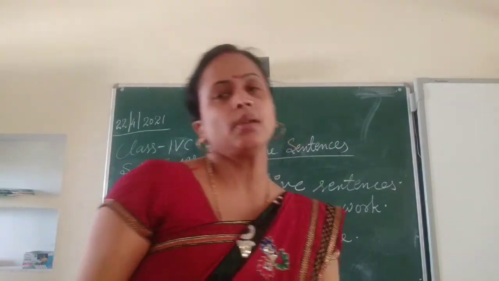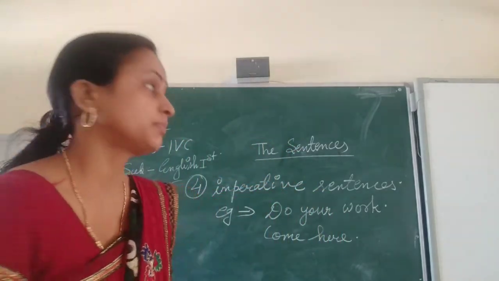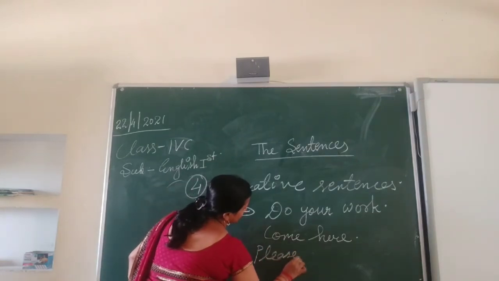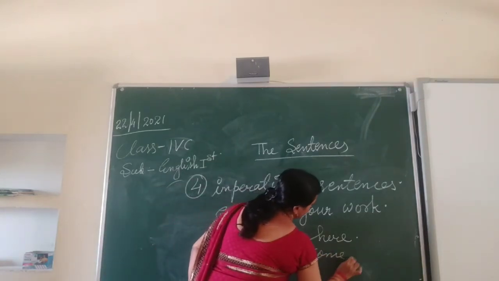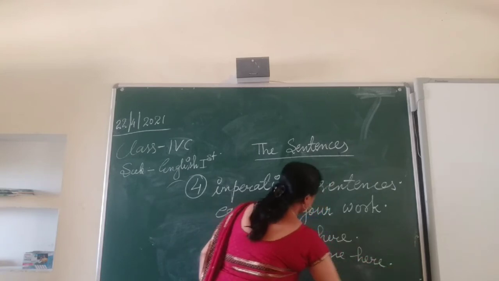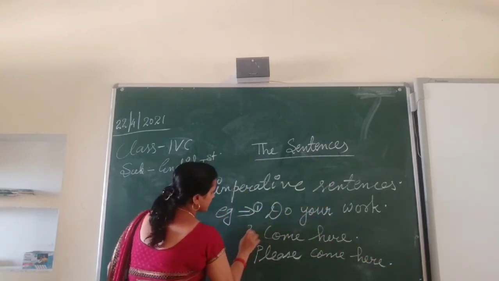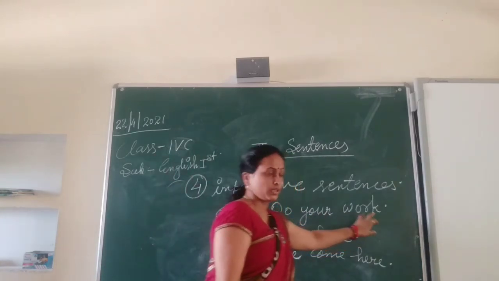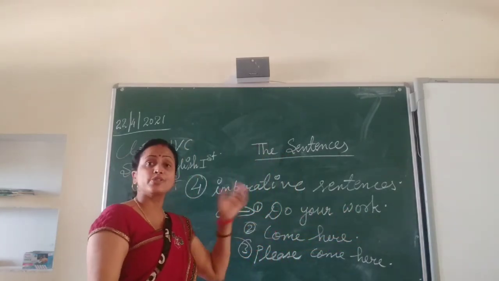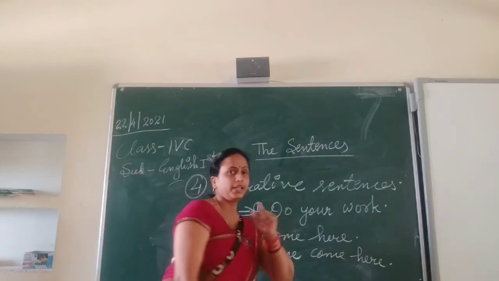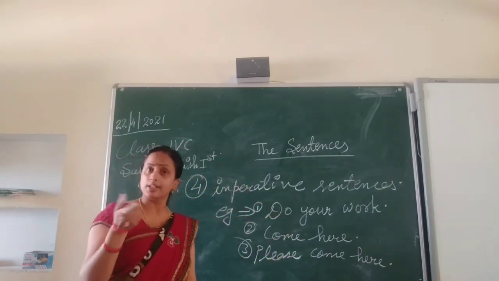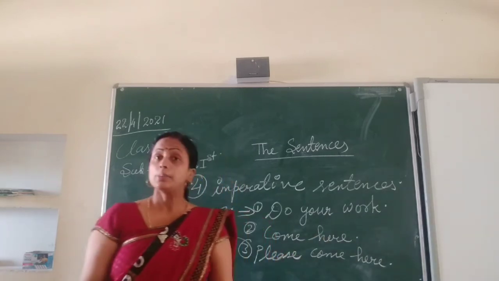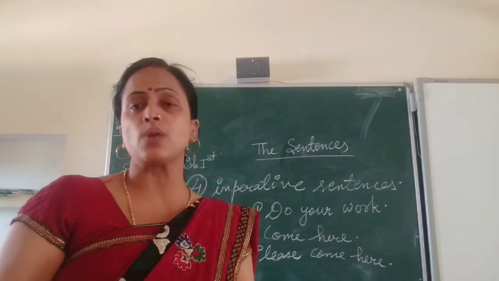Now, "Please come here." Here you are requesting. So this is also a sentence. Here we have seen three examples. "Do your work": in this sentence you are giving an order. "Come here" is also an order. Now, "Please come here" means you are requesting someone to come.